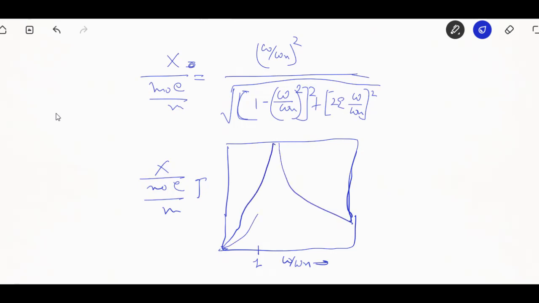As we provide damping within the system for different values, this curve is going to get narrowed down. That means we are coming to a neutral situation as we increase the value of damping, but certainly we have to keep our discussion to the underdamped system, for the forced vibration case, right?